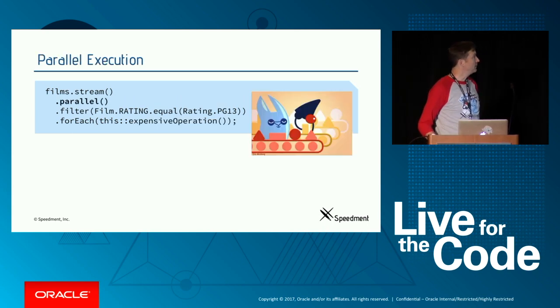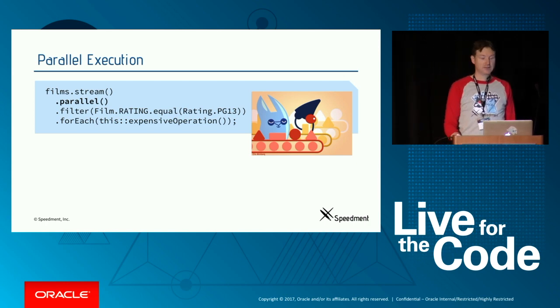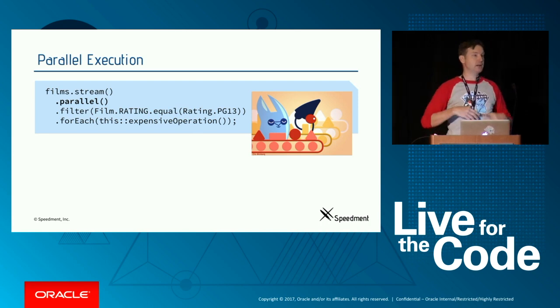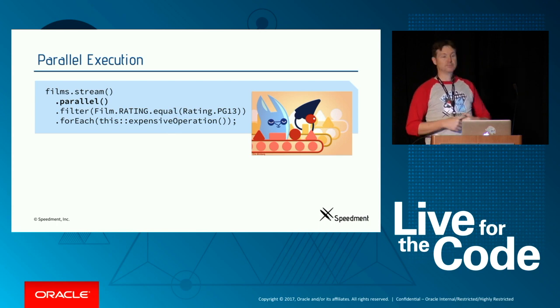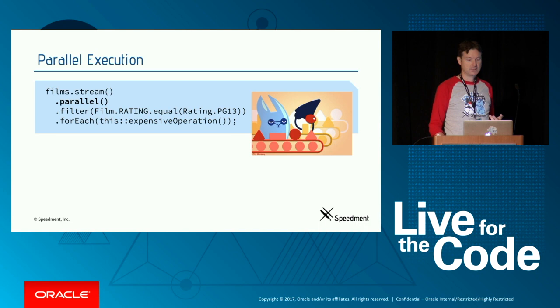Another cool thing with Speedment is that it supports parallel execution out of the box. There is a notion in streams that you write .parallel, and then everything is executed in parallel. Depending on how many threads you have on your server, you receive that many threads, or in some cases that many minus one, that consume your stream entities.